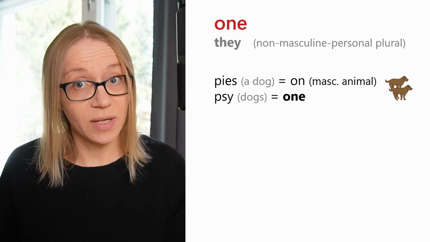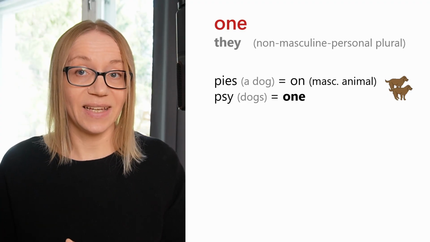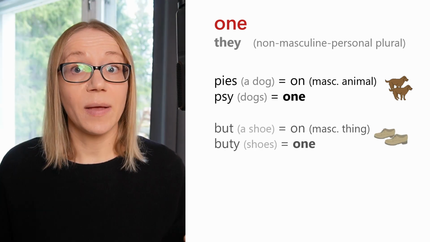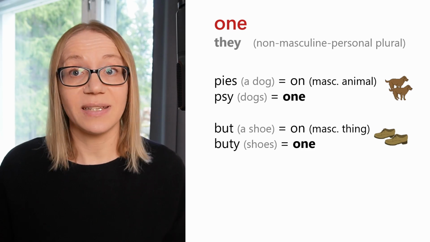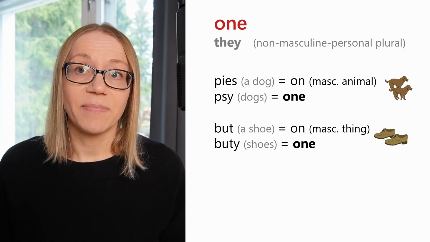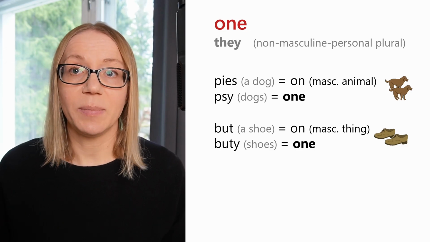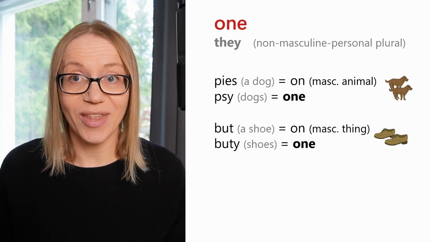It will be on in the singular, but in the plural, psy, here we have the pronoun one. Or but means a shoe. That's also masculine, but it's an object, it's a thing. In the singular, it's on, and in the plural, it will be buty, shoes. And here we use the pronoun one.